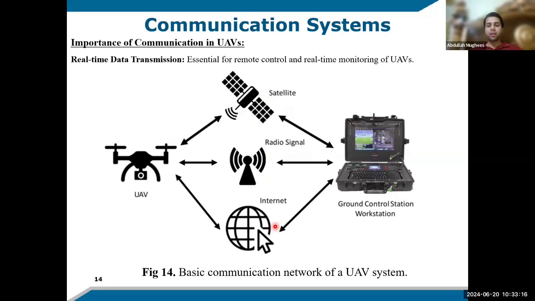So it is always better to use multiple possibilities for sending the signal to a drone, because whether you are navigating the drone or the drone is giving something back to you, in both scenarios you need a good communication network. If the communication network is disrupted, the point of the UAV goes away.